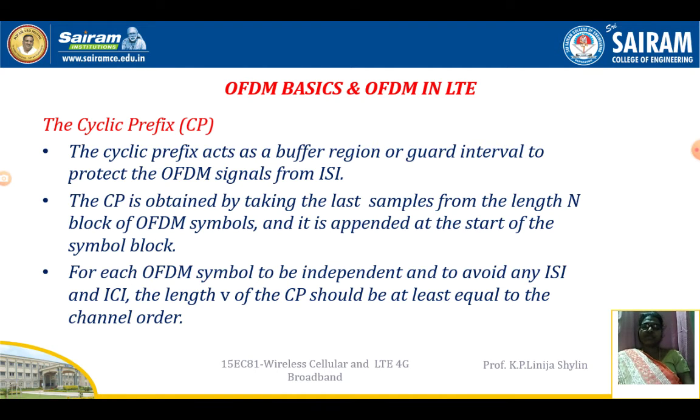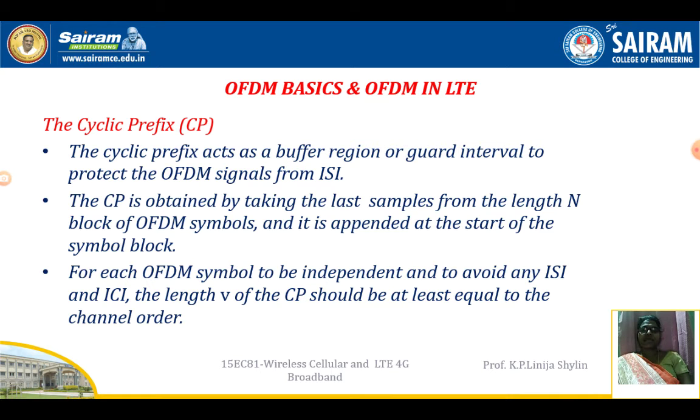Now we will see the cyclic prefix. The cyclic prefix is an important parameter. So what is meant by cyclic prefix? Here it acts as a buffer region, or we can say it is a guard interval. For what purpose do we go for cyclic prefixes? To protect the OFDM signals from ISI. We are already aware that ISI is inter-symbol interference, and we have taken an elegant approach to make the communication link ISI free.